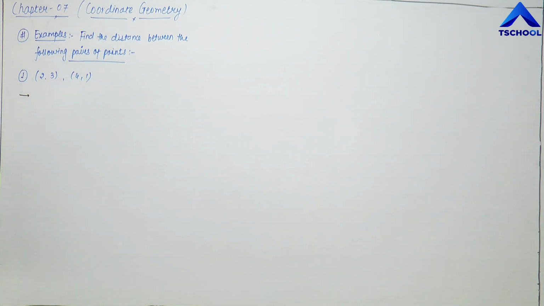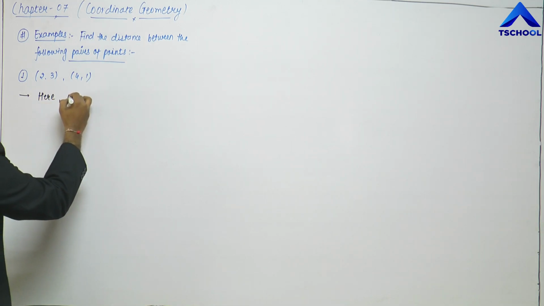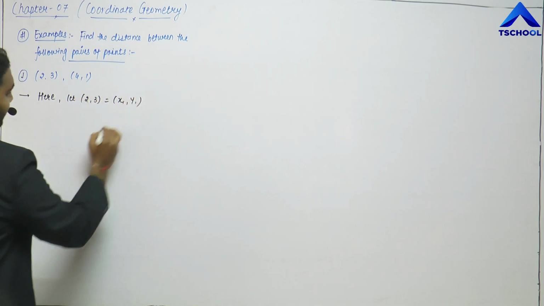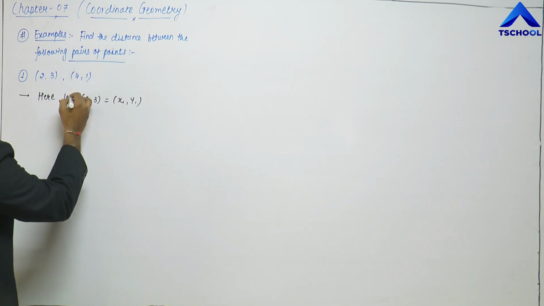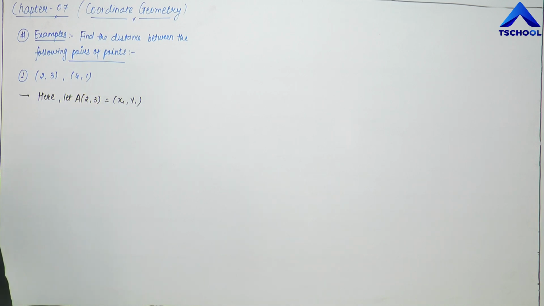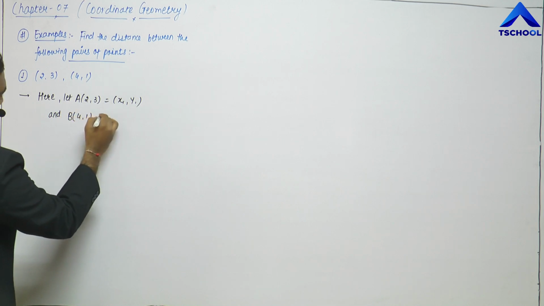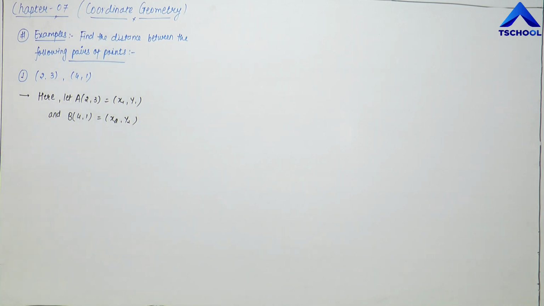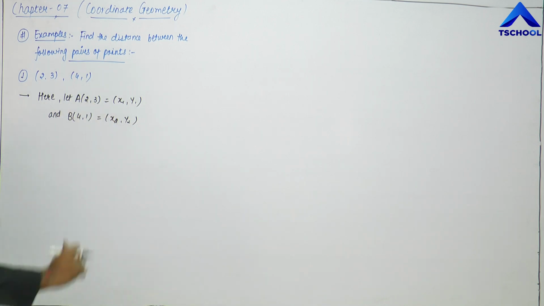The main important thing is here, let A 2 comma 3 equals to x1 y1 and B 4 comma 1 is equals to x2 y2, right? So we are having these two as our reference, that is A 2 comma 3 be x1 y1 and B 4 comma 1 be x2 y2.